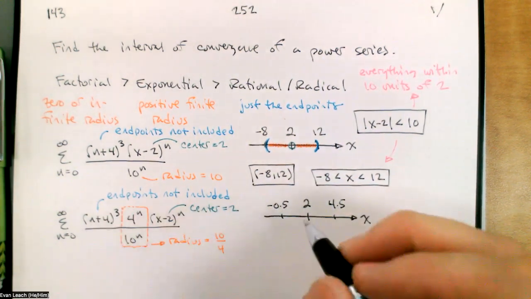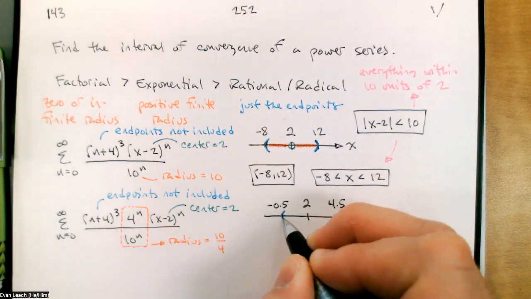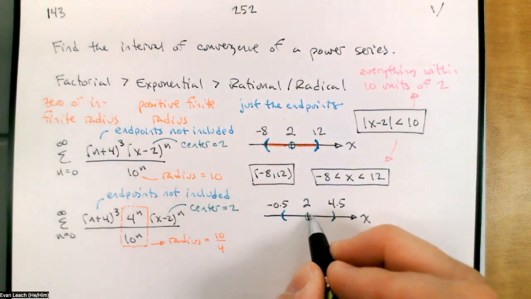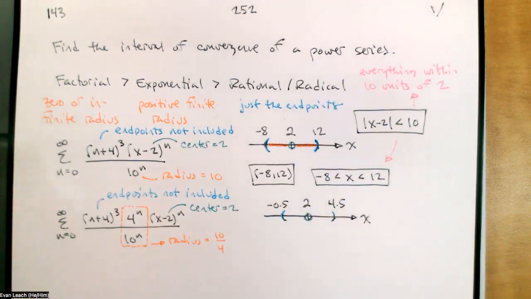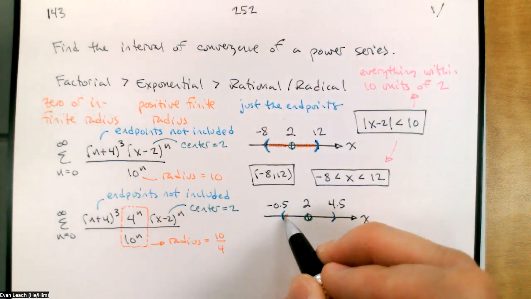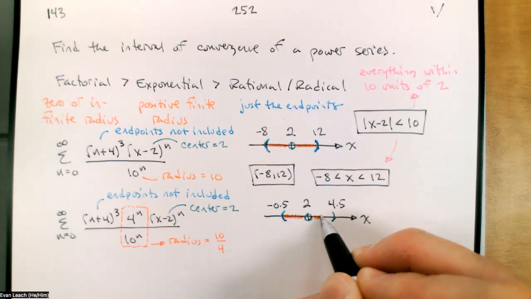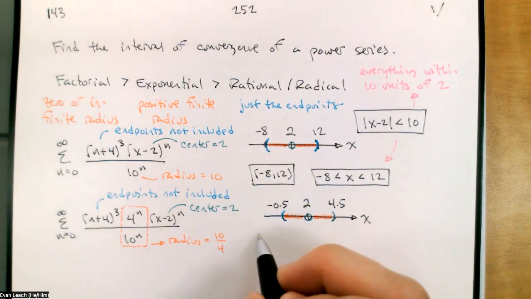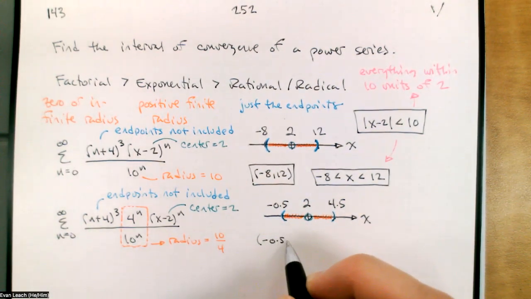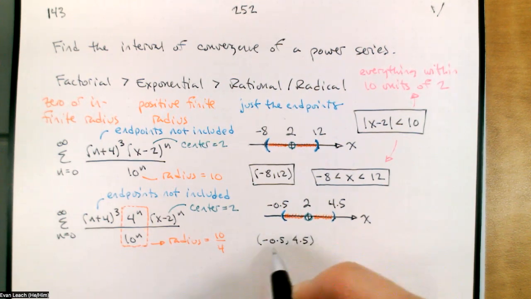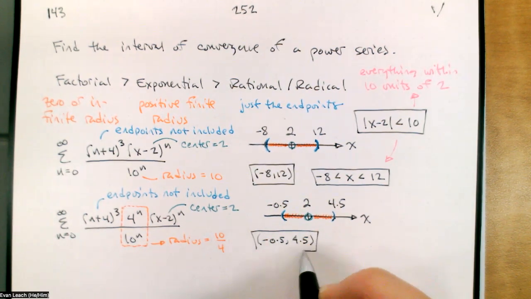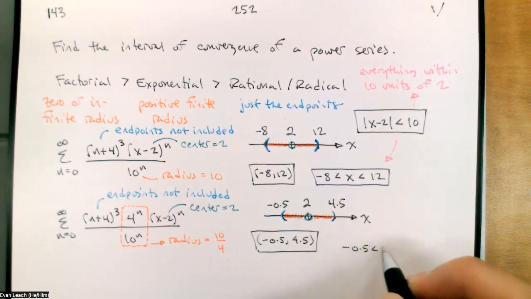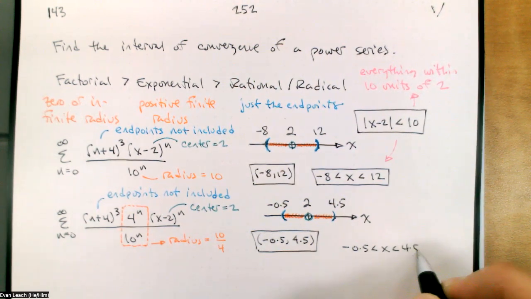The rational radical part indicates that the endpoints will not be included. We always get the center because that zeroes out all the terms. And then the exponential stuff has given us this radius. So just go from -0.5 to 4.5 in interval notation. This is from -0.5 less than x less than 4.5.